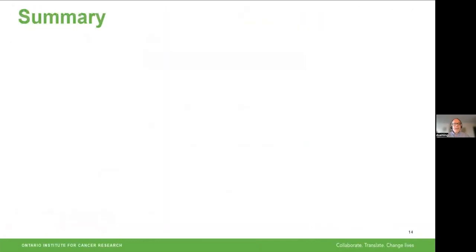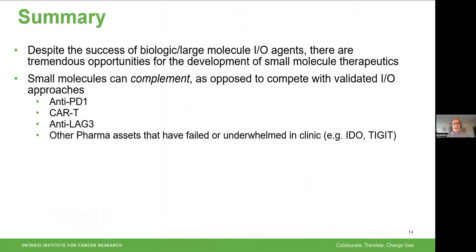So in summary, I just wanted to highlight that despite the success of biologics and small molecule immuno-oncology agents, there's a lot of opportunity in our view for the development of small molecule therapeutics. These types of drugs can complement as opposed to compete with validated approaches.